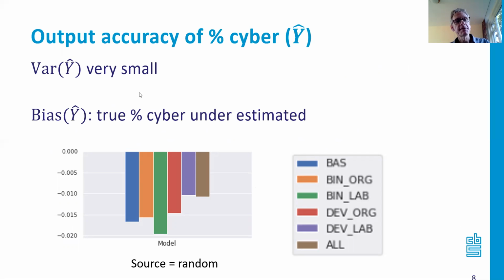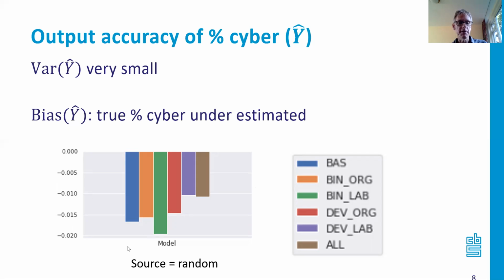So the first thing we look at is the output accuracy of the estimated percentage of cyber. And we found that the variance of this estimator is very small, which is because we have nearly 900,000 records. So we can forget about the variance. It's all about the bias. And we found in our case study that the true percentage of cyber was underestimated by the model.